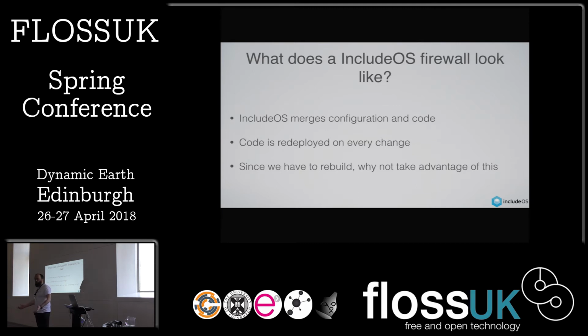We can't run shell scripts. We have to store it in JSON, and the whole thing felt wrong. And no matter what we do, we still have to rebuild on every change, because we need to build the image. So why not take advantage of this?